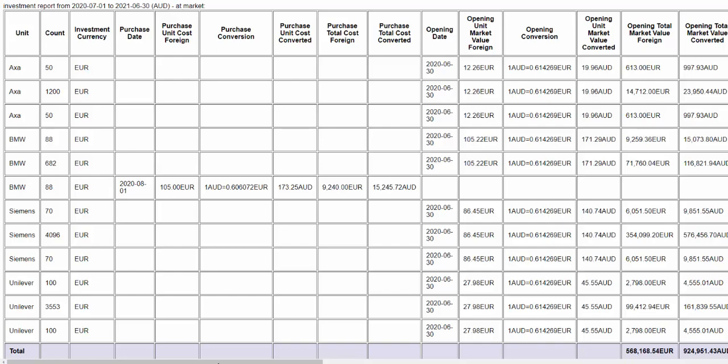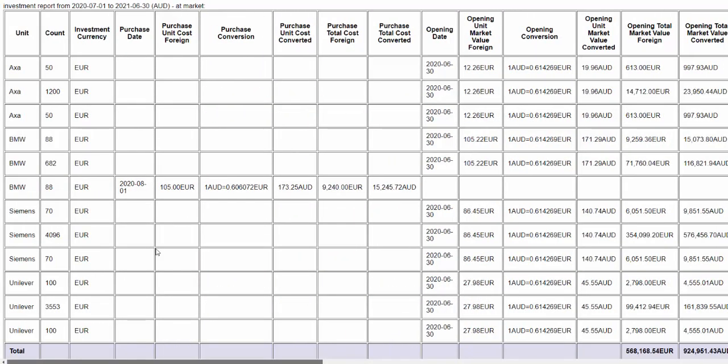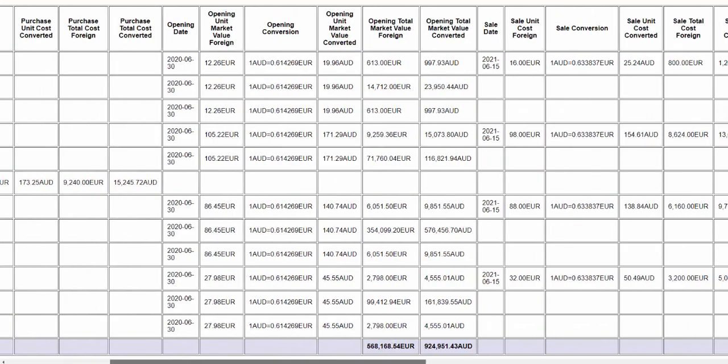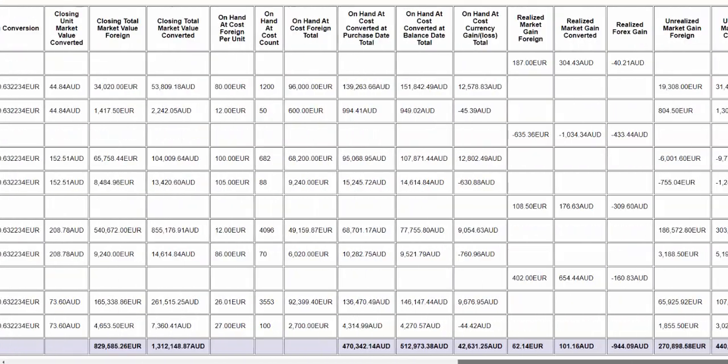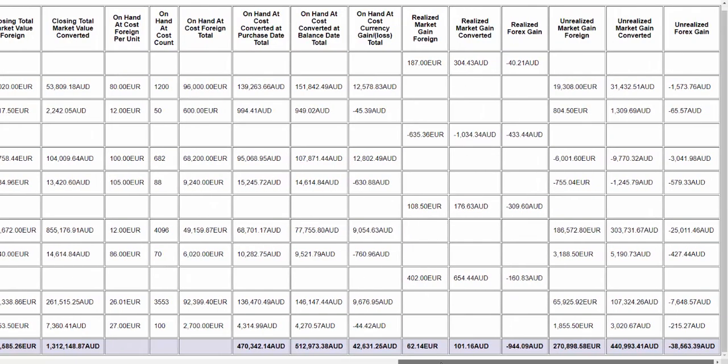So our investment report will show, obviously, we've got everything, so anything purchased within the time frame, everything else would have been part of the opening balances, but by the time we get to the end, we've got on hand in the different currencies, and obviously the reporting currency, we've got any gains or losses, and all gains or losses are split between market and Forex, because obviously there's a Forex perspective on all of these investments.